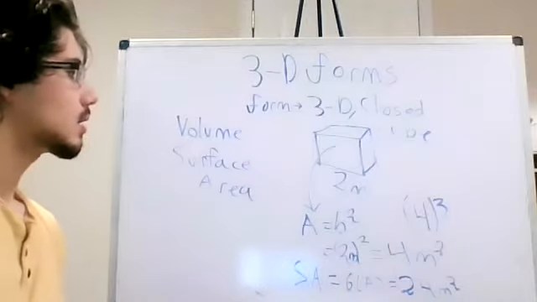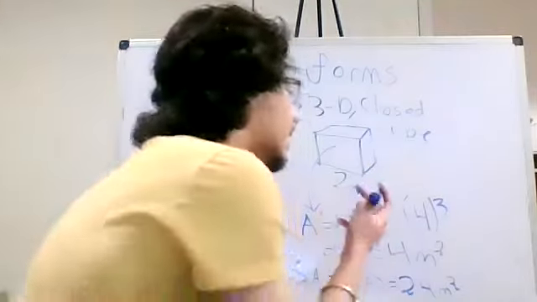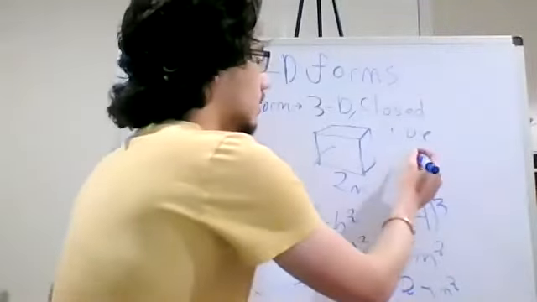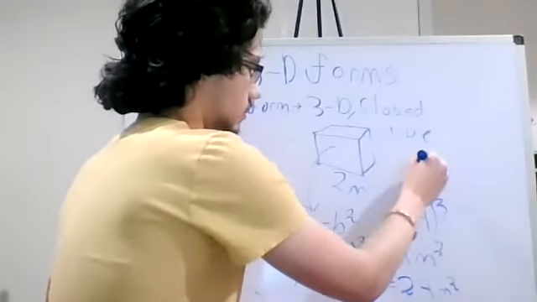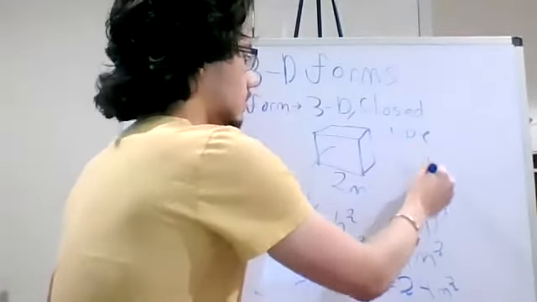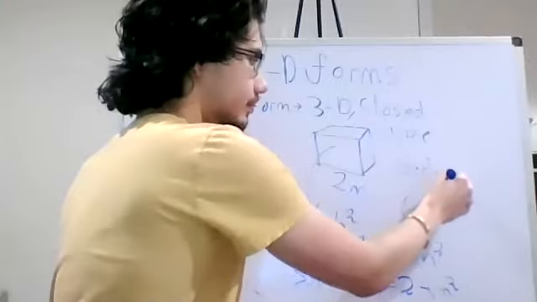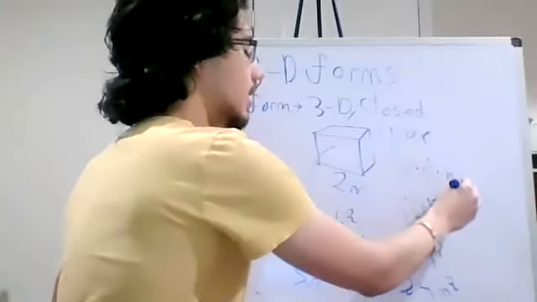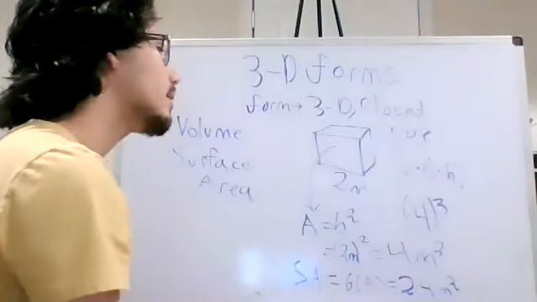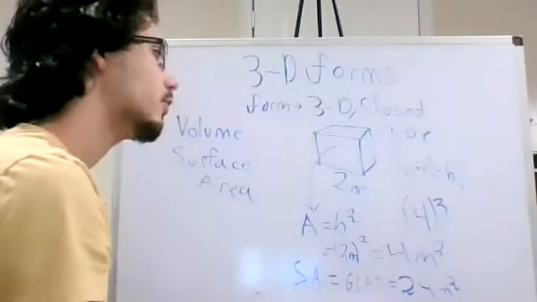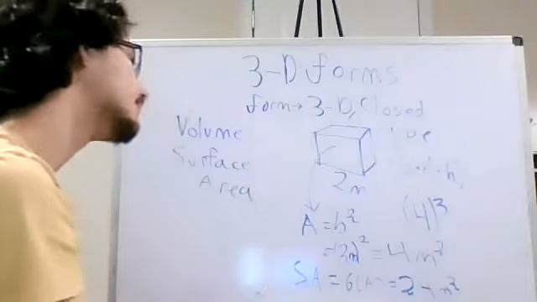Okay, so volume is base times width times height. And if we multiply those 3 together, we will get the volume of the cube. And we know that the cube will have the same base, depth and height.